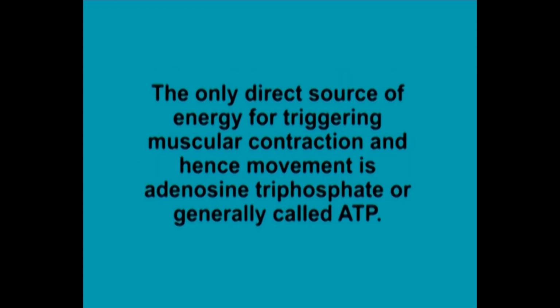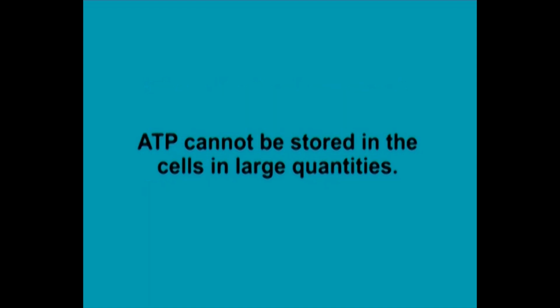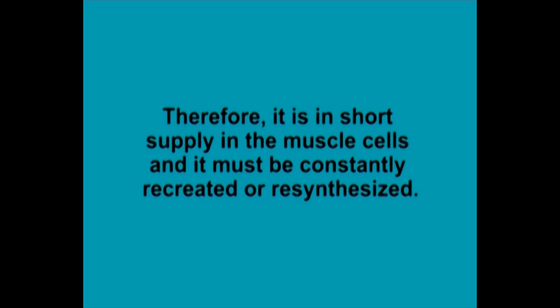Sources of energy. The only direct source of energy for triggering muscular contraction and hence movement is adenosine triphosphate, generally called ATP. ATP cannot be stored in the cells in large quantities. Therefore, it is in short supply in the muscle cells and it must be constantly resynthesized.